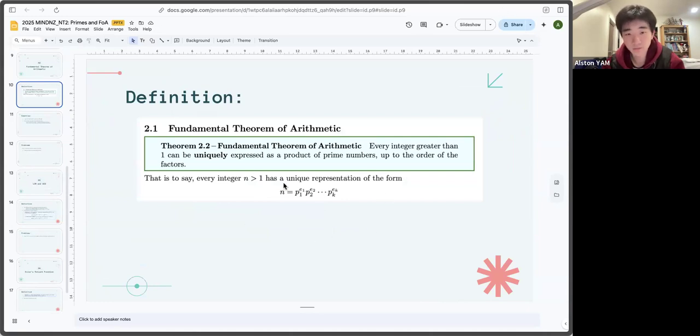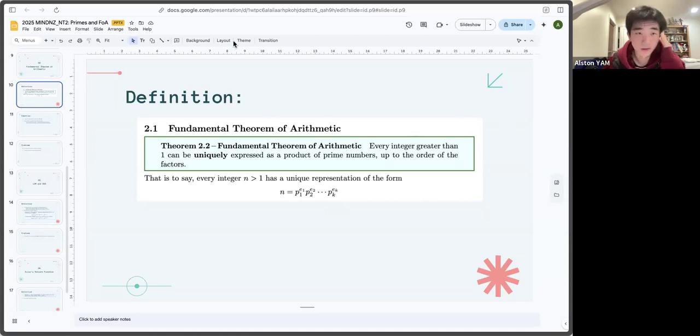So if we have some positive integer n, we can represent it in this form where p1, p2, all the way to pk are primes. And the theorem says that this will always happen, and there will always be exactly one way to express this.